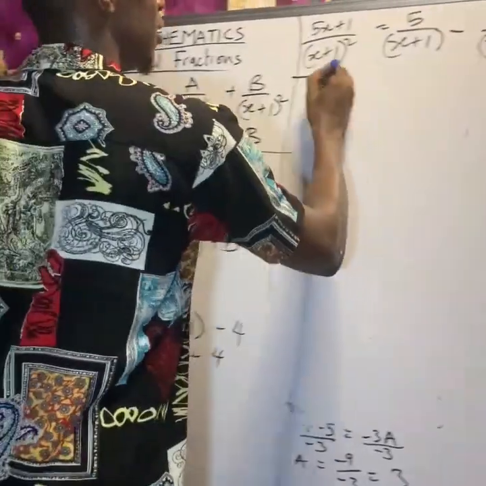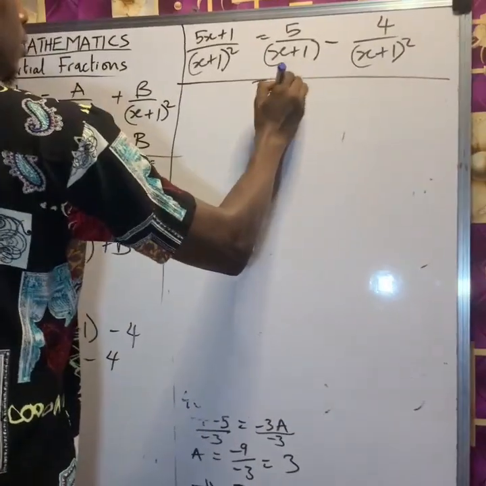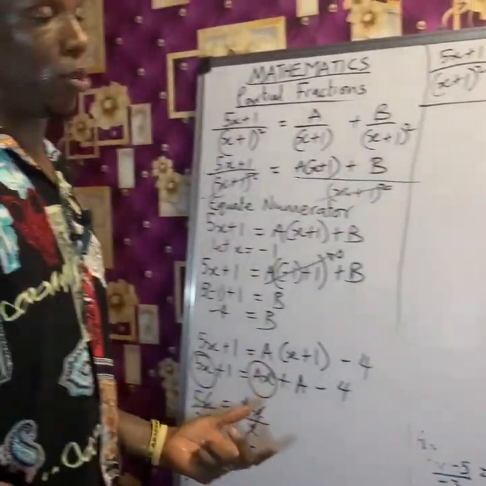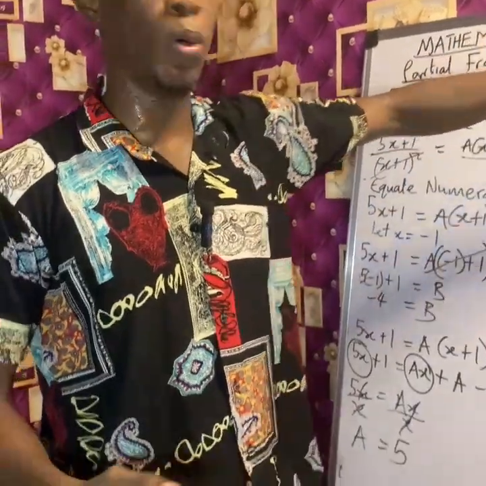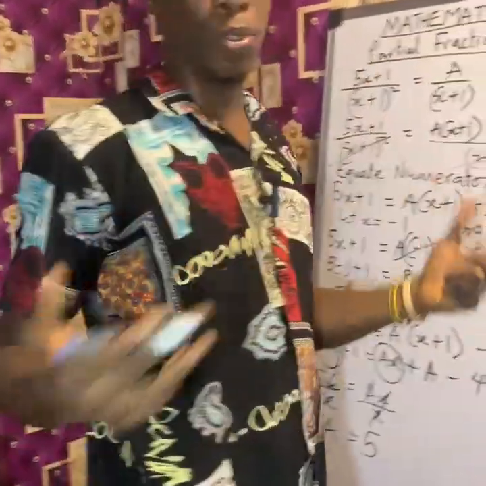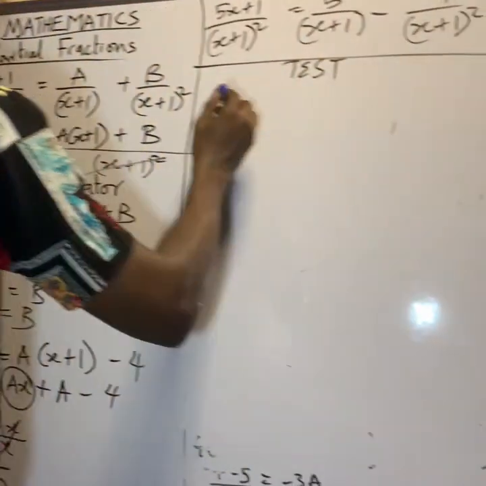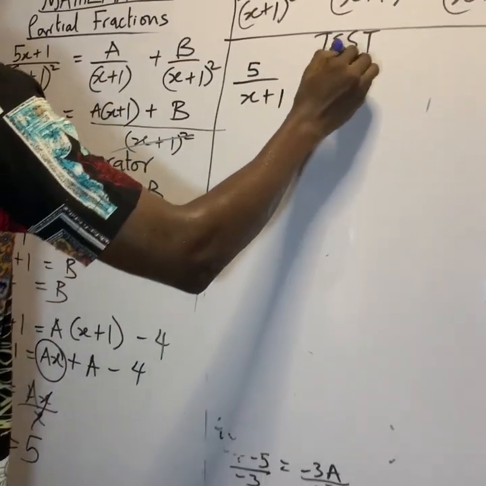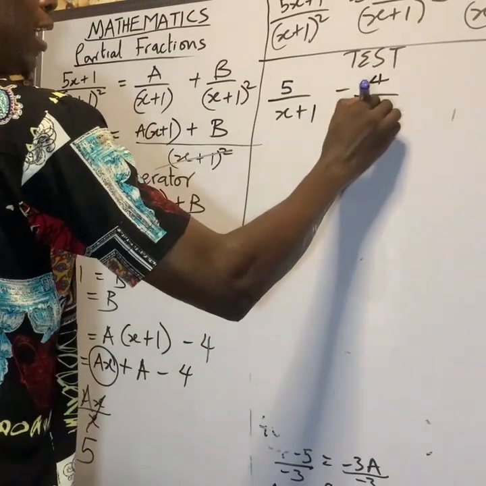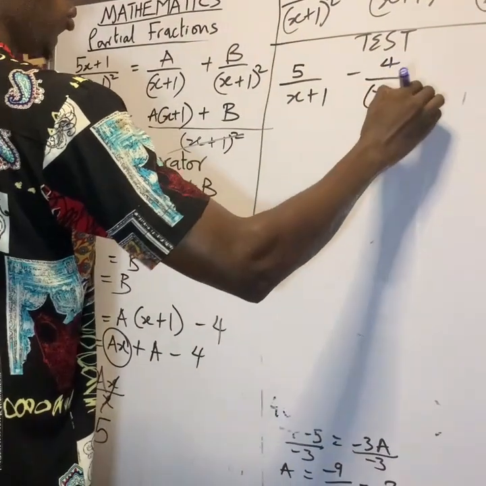Now let's test it. We are testing your answer to know if it's correct. You know, when you finish cooking your soup, you test it to know if it's sweet. So I want to test it to know whether what we have been doing is correct. We say 5 over (x + 1) minus 4 over (x + 1)².